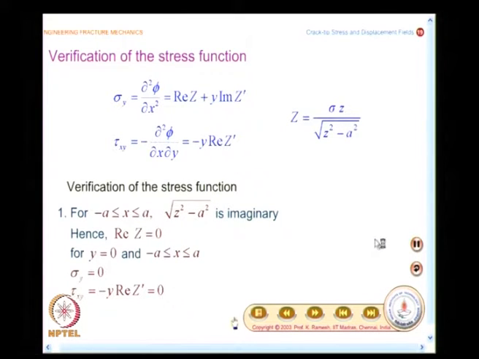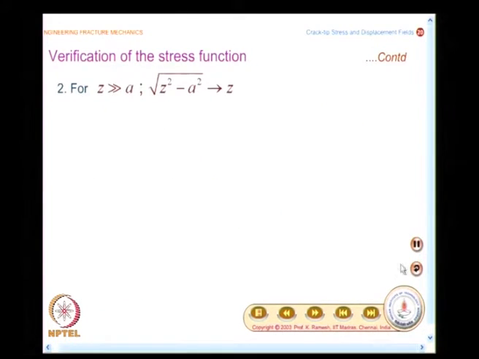And let us look at boundary condition 2. We are going to look at what happens at the far field, that means small z approaches infinity, or in other words z is much larger than a. So, I could simplify this expression for large z. That means what happens to the stress function?